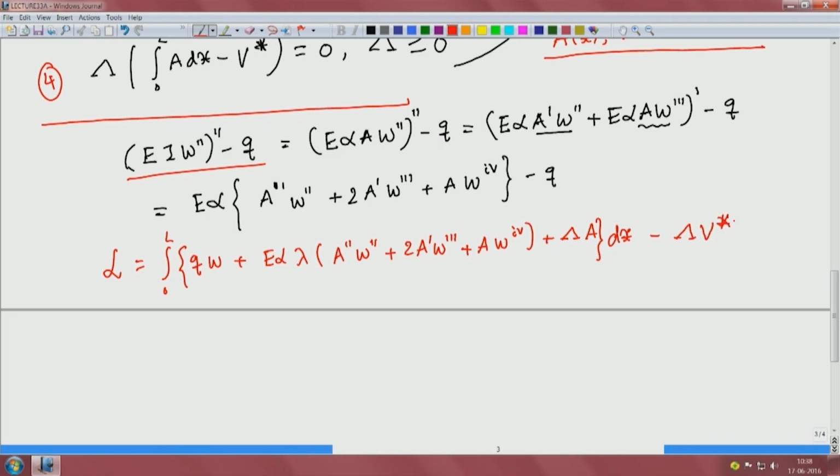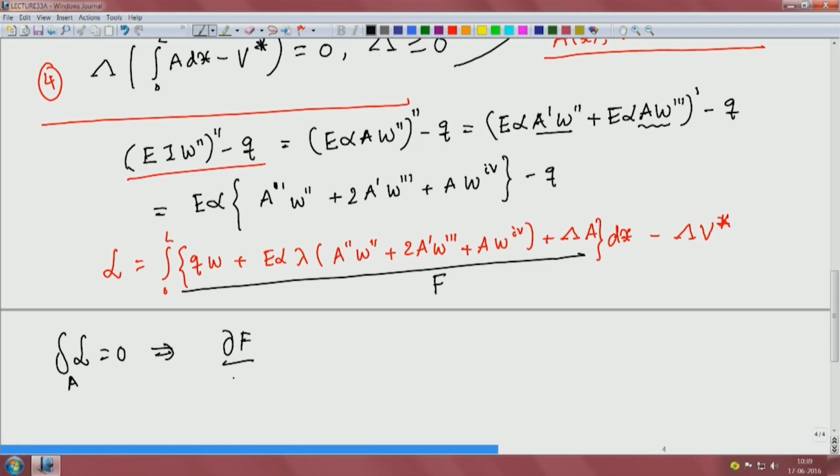Okay. For the design equation, we have to take variation of the Lagrangian with respect to A and equate it to 0. So, we have to write the Euler-Lagrange equation by taking the variation of the Lagrangian with respect to A. So, if I call this whole thing my integrand f, then A is here, A is also here, and we also have A prime here, and we have A double prime here.